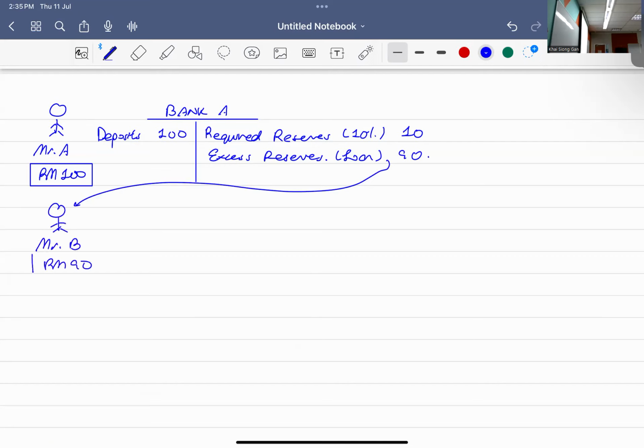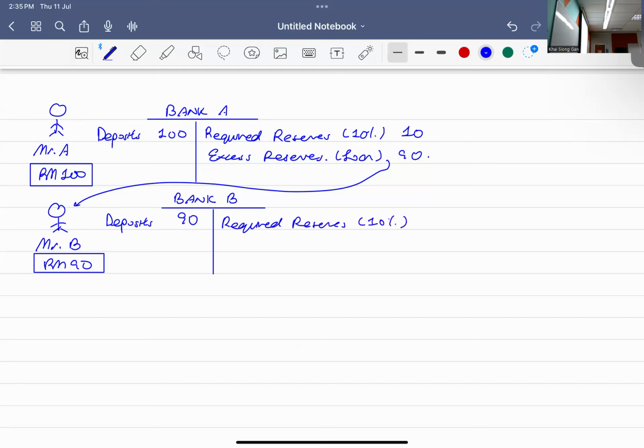Now Mr. B has 90 ringgit because he got the money from bank A. Let's say Mr. B wants to put the money in bank B. Same thing, he deposits 90 ringgit in bank B. Let's say the required reserve remains at 10%.